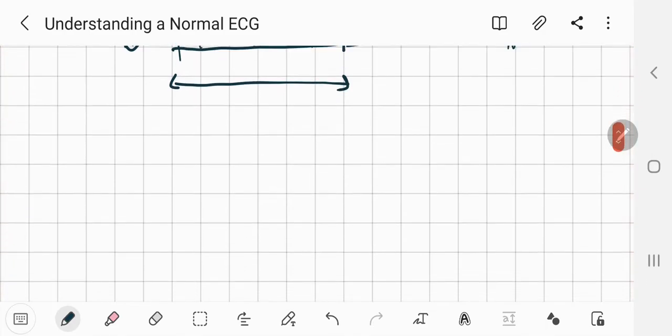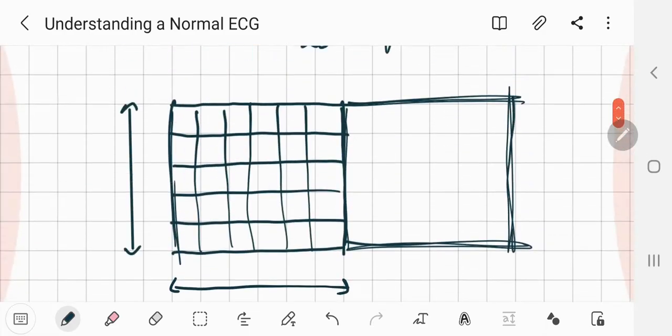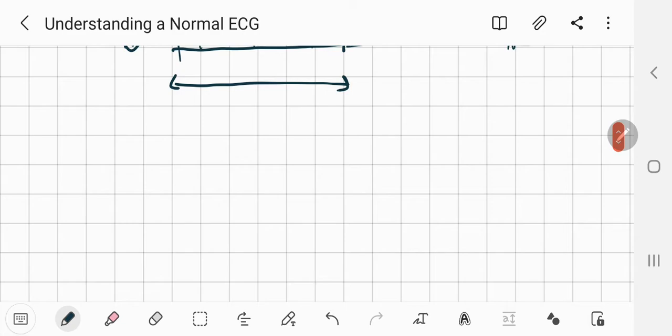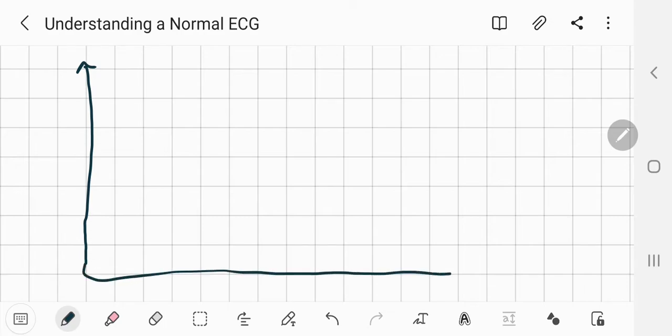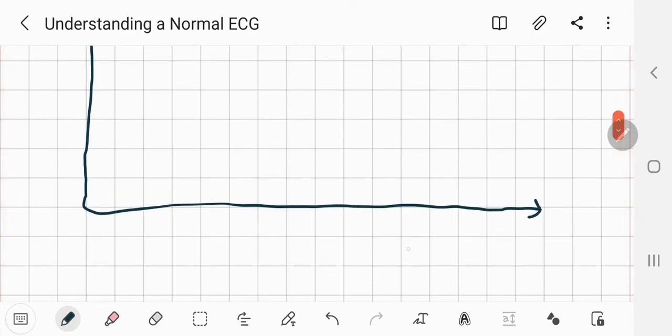Anyways, what's important for us is what is on the y-axis and what is on the x-axis. Now you must have seen the ECG something like this. Forgive me for my lines, they're not straight. This is the horizontal axis or x-axis.